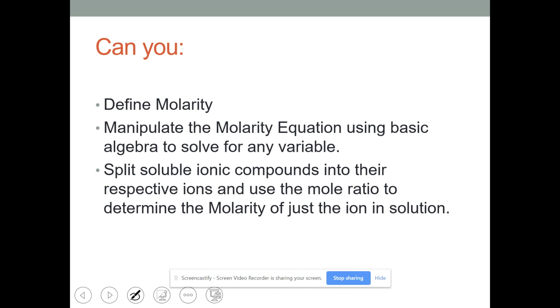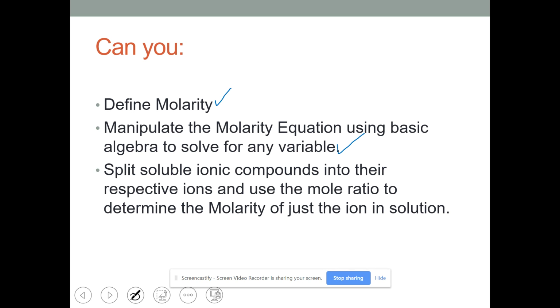Now, a lot of the problems that you're going to try on the worksheet, they're just variations of what we just solved, using different compounds and different ions. Certainly need your periodic table handy, your ion chart, but you know the definition of molarity. You can do the algebra and manipulate the equation.